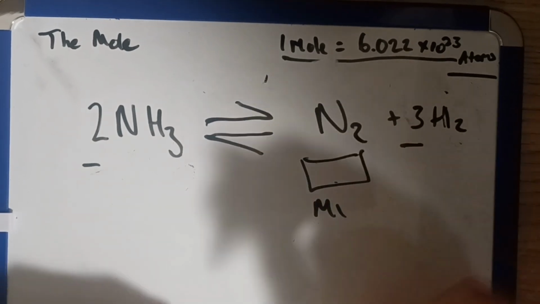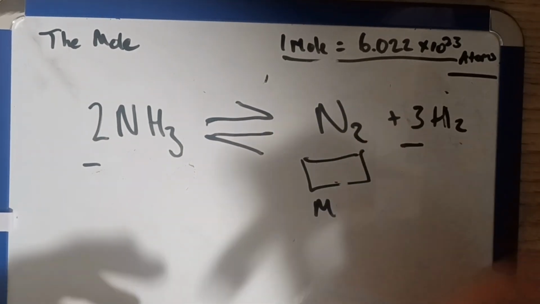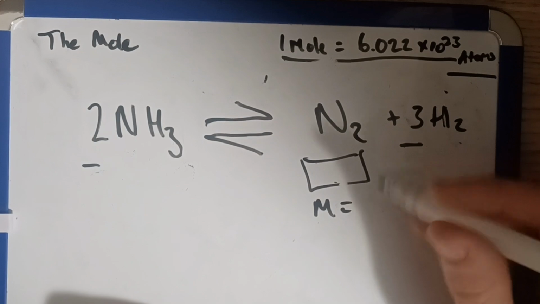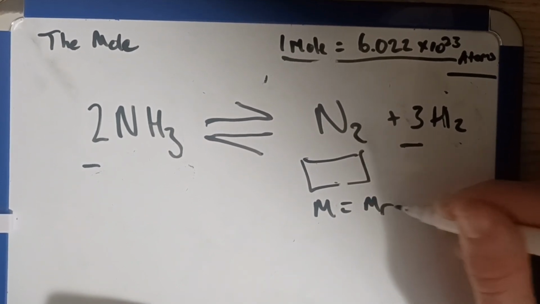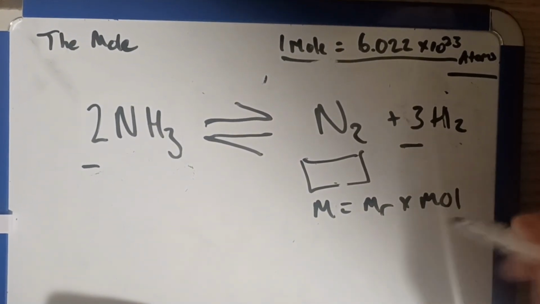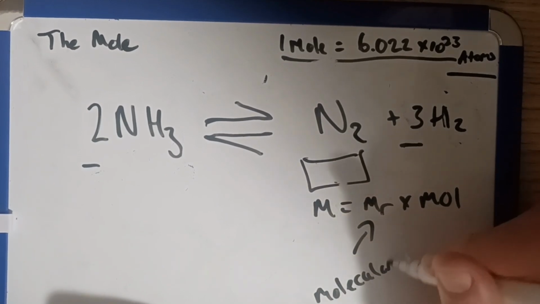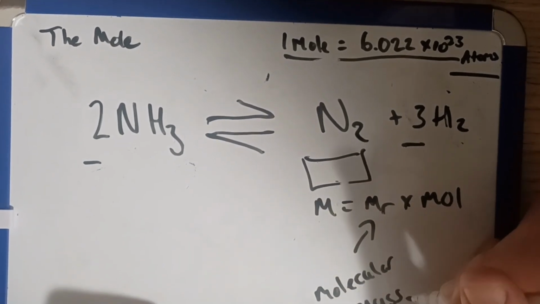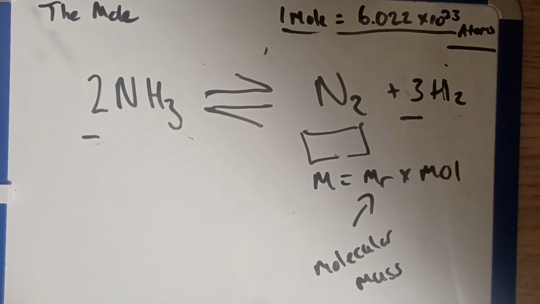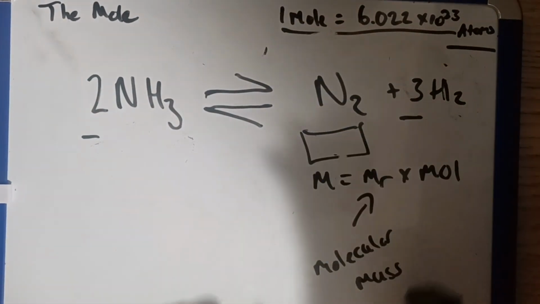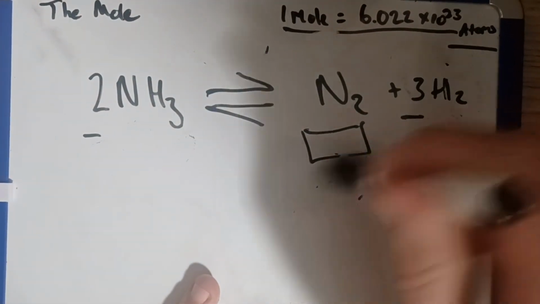Mass equals Mr times mole, Mr being our molecular mass. We can simply just do that because there's 1.